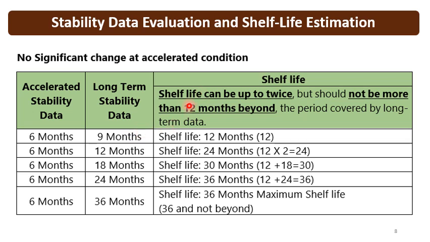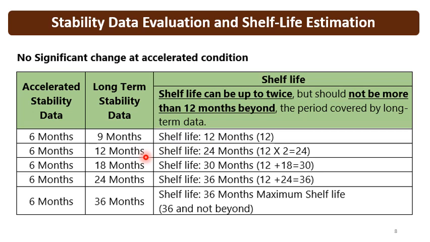So as per the guidelines, it is given that shelf life can be up to twice but not more than 12 months beyond the period covered by the long term data. Now you have accelerated data 6 months and long term data is 9 months. So simply you will have 12 months as a shelf life.